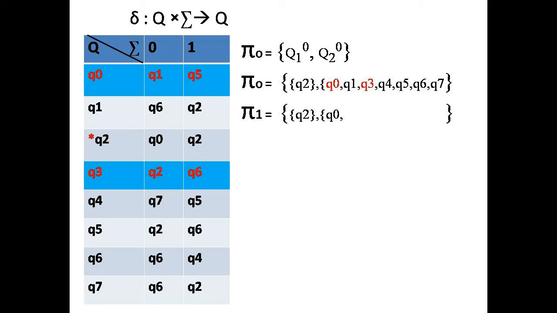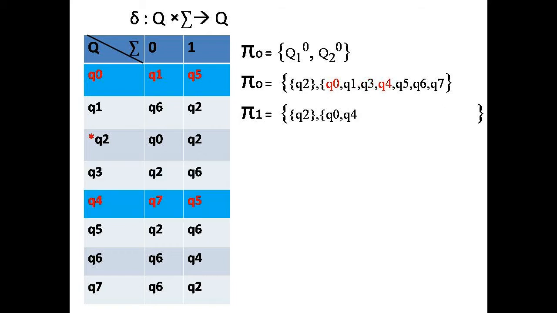Therefore Q0 and Q3 are not pi 1 equivalent. Then we will compare state Q0 with Q4. Q0 and Q4 on 0 input symbol go to Q1 and Q7.